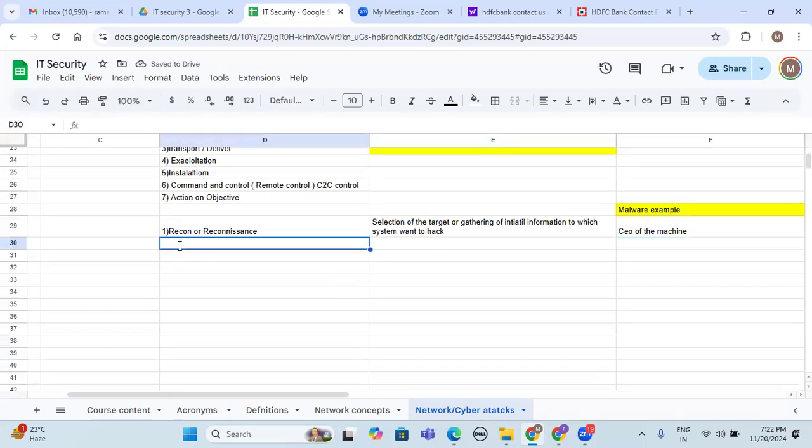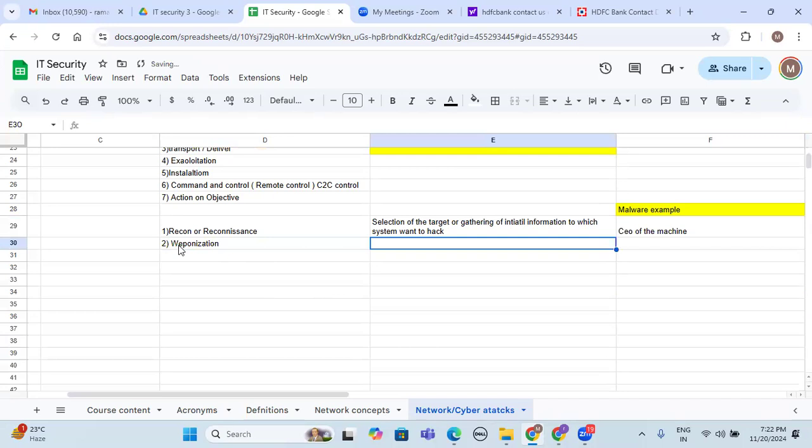Now the second one, weaponization. Through weapons, the attacker will enter into the organization by providing malicious code, maybe through executable or non-executable files, process execution. That is called the weaponization part.